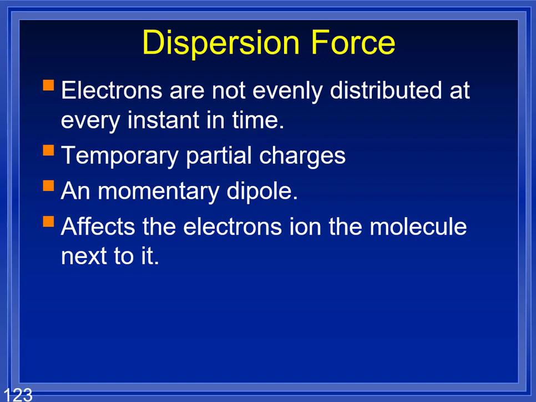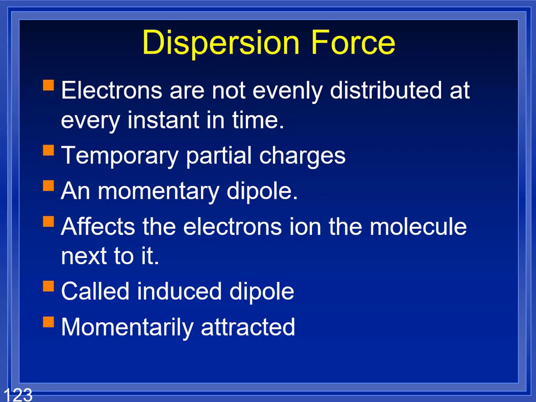Not conducting, inducting. So this is called an induced charge. That's what inducing means. So the charge on one molecule affects the molecule next to it and gives it an induced charge. If I got a negative here, it's going to push the electrons away. And so they're going to be momentarily attracted.